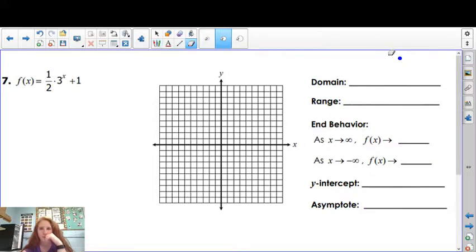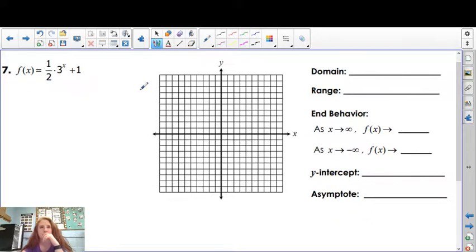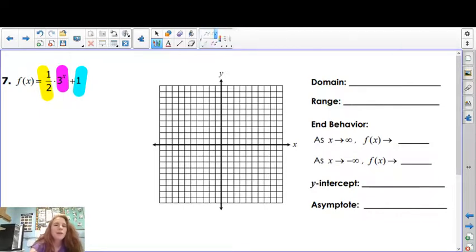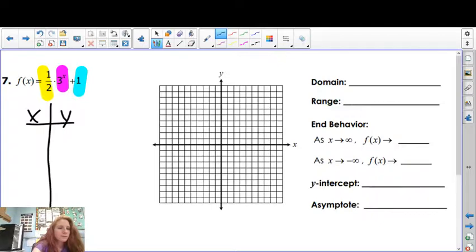That's not what I wanted to do. Okay, we're going to get out our highlighter and figure out how this guy's changing. Well, my base is 3. I have a multiplier/divider, and I have an adder. So lots of things are going on. I'm going to start again with my XY charts: -2, -1, 0, 1, and 2.